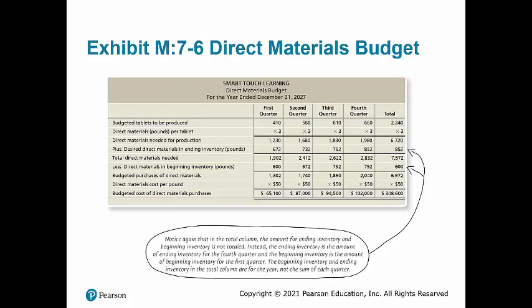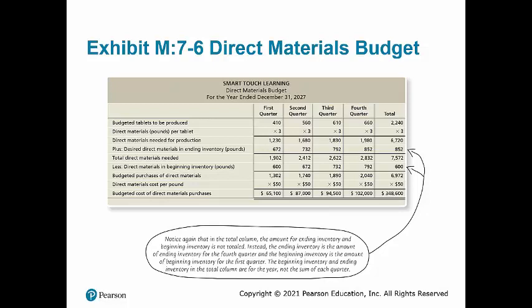So for the first quarter, we would take the second quarter direct materials needed of 1,680 pounds, multiply it by 40%, and we get 672 pounds. For the second quarter, we take the third quarter's pounds of 1,830, multiply that by 40%, and we get 732 pounds.